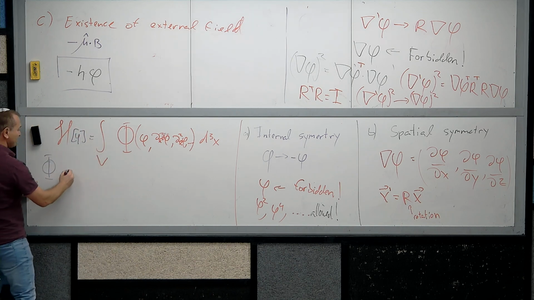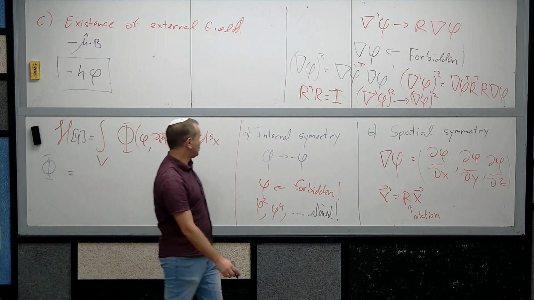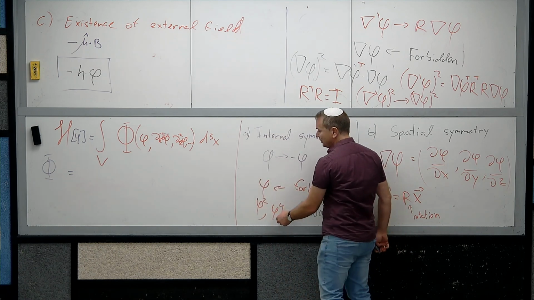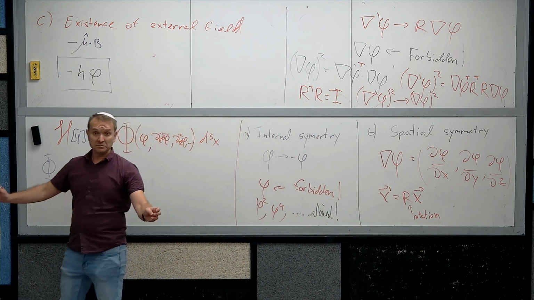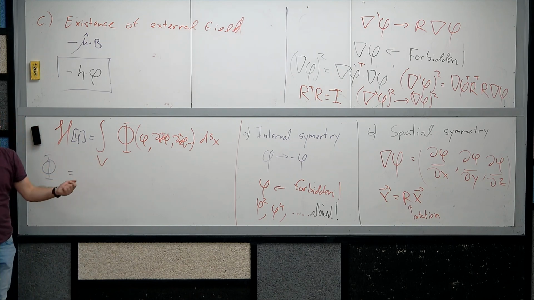You look at phi, and first of all, I should include phi squared and phi to the fourth. Why? Well, why not?